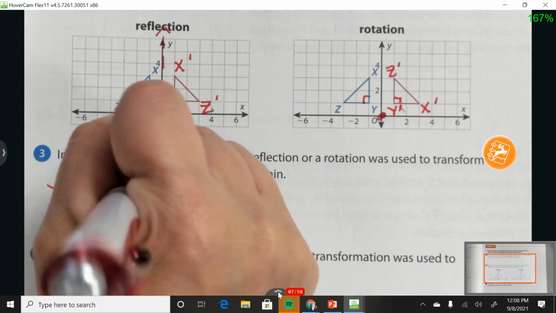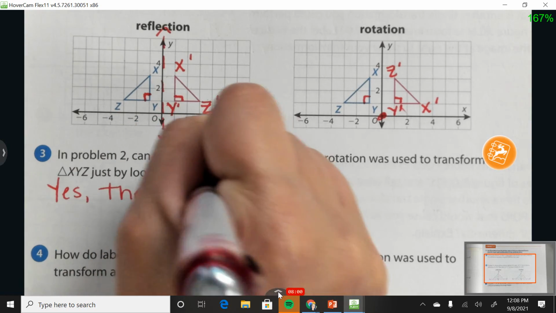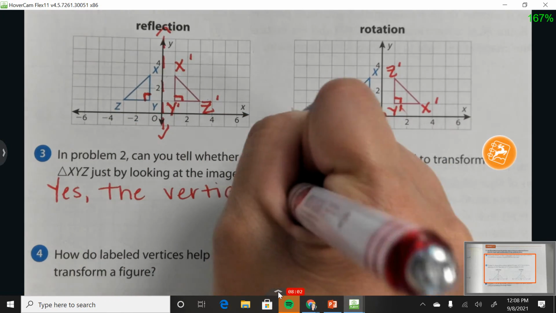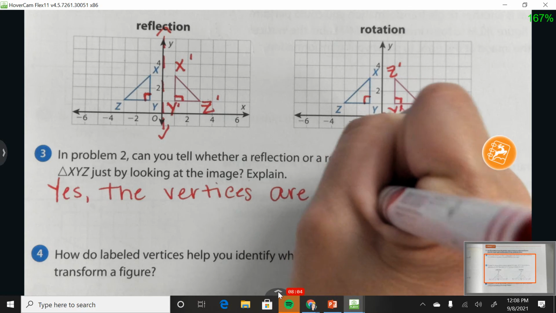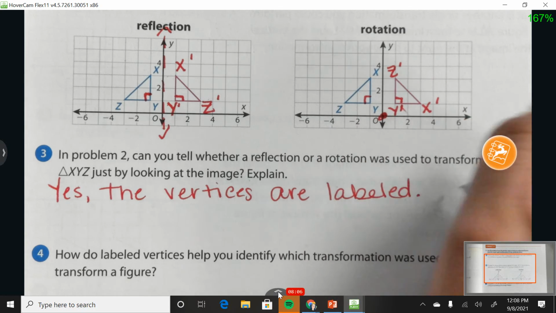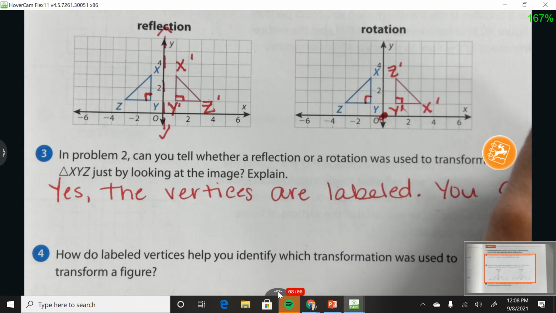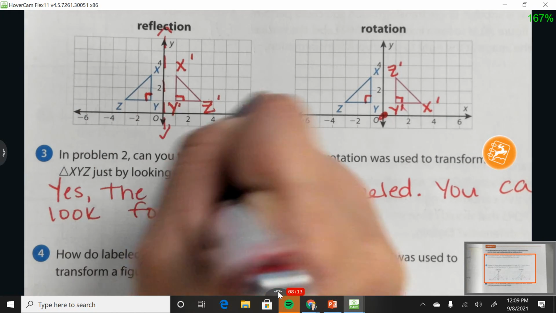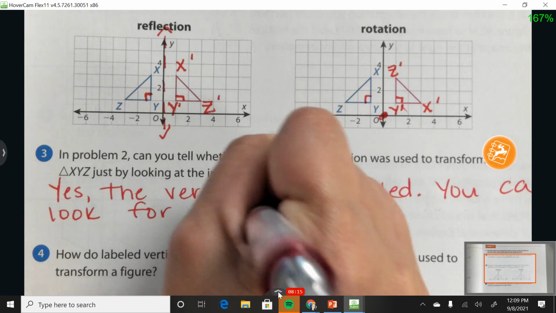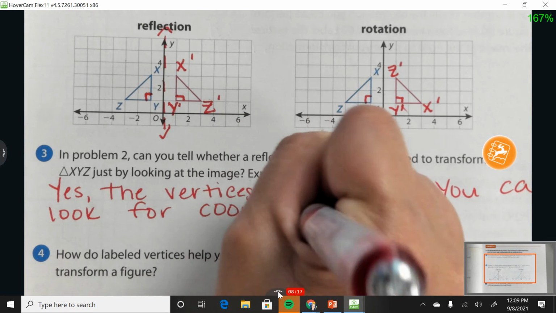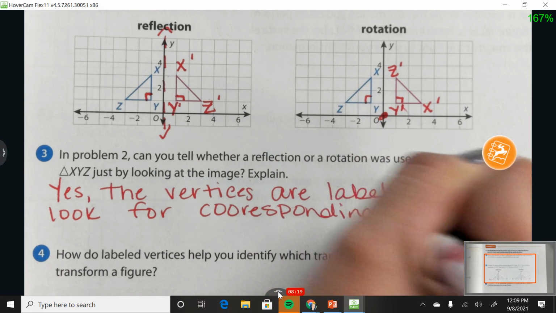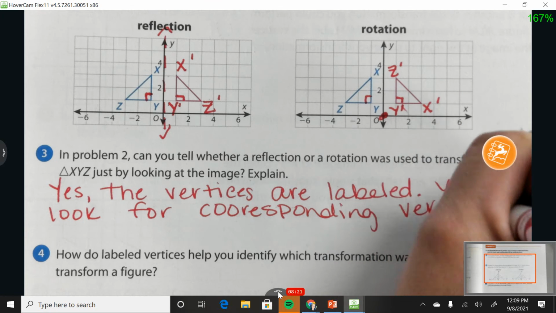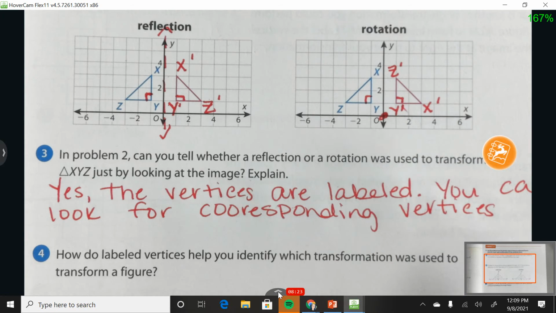The vertices are labeled, you can look for corresponding vertices, period.